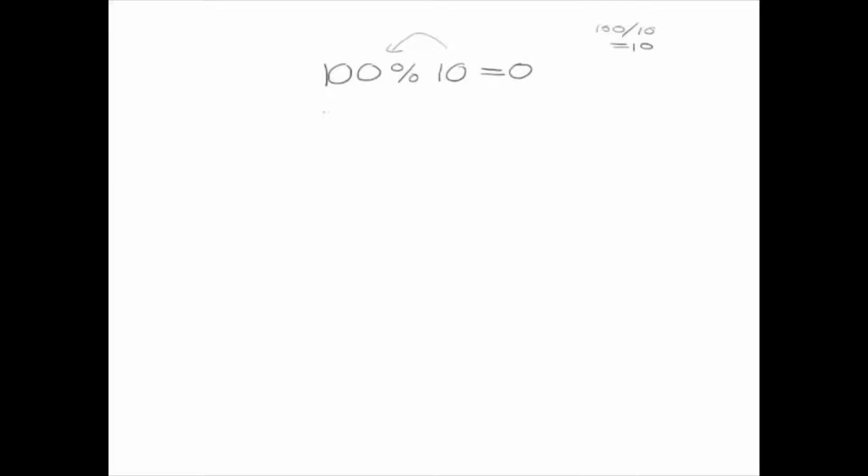Now, if we had 101 modulo 10, we know that 10 goes into 101 10 times with one remainder. So this is going to equal 1. And we can do this all the way until we get to 109 modulo 10, and that's going to give us the answer 9.